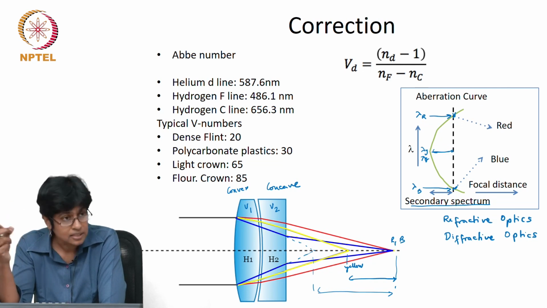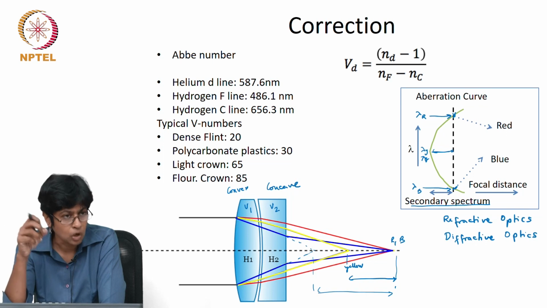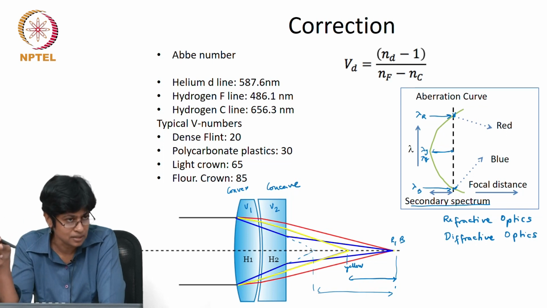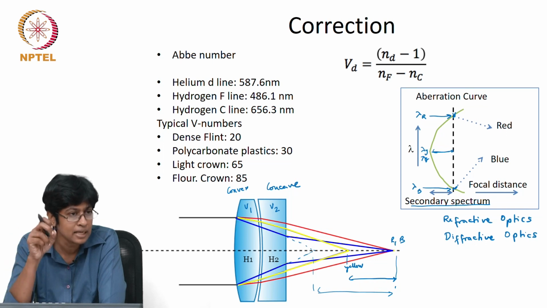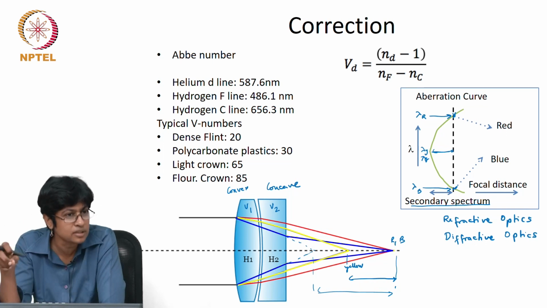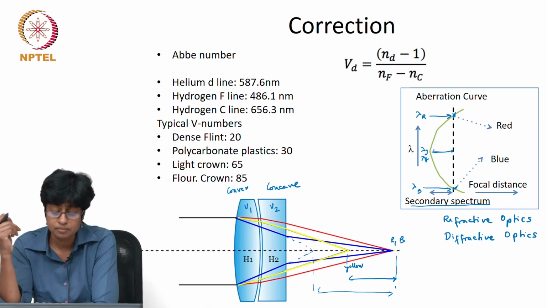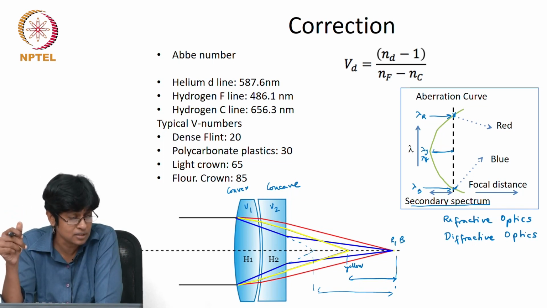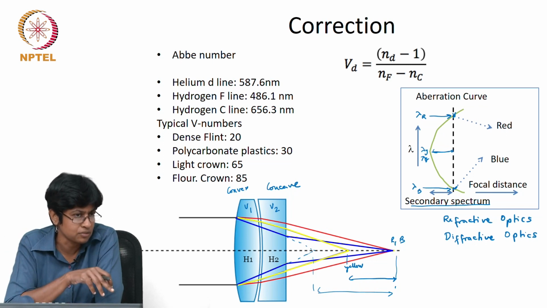And the interesting thing to note there is, I said the V number when I take an optical material can never be negative. And so the corrections had to be done by introducing a lens with the opposite sign. And that's why we took convex concave. Diffractive optics works on a completely different principle and will have a dispersion opposite in nature to that of refractive optics.